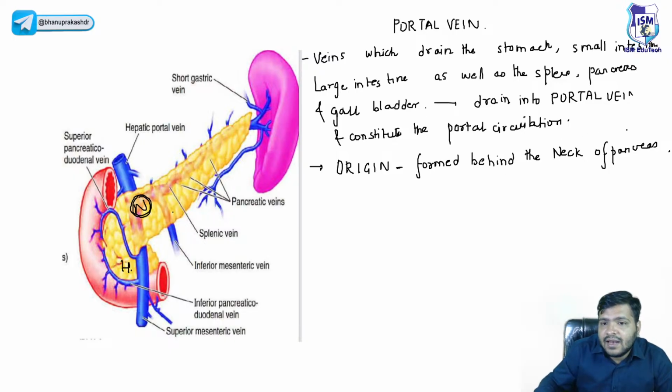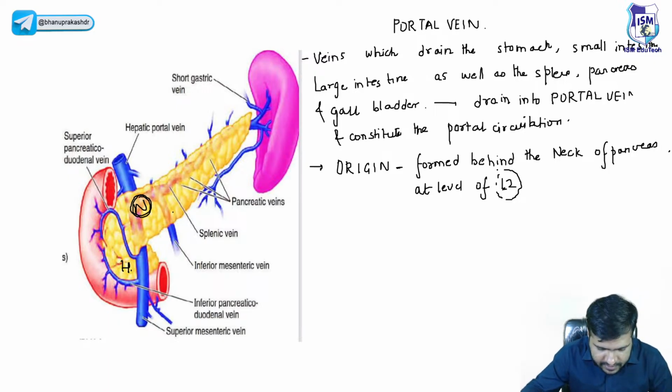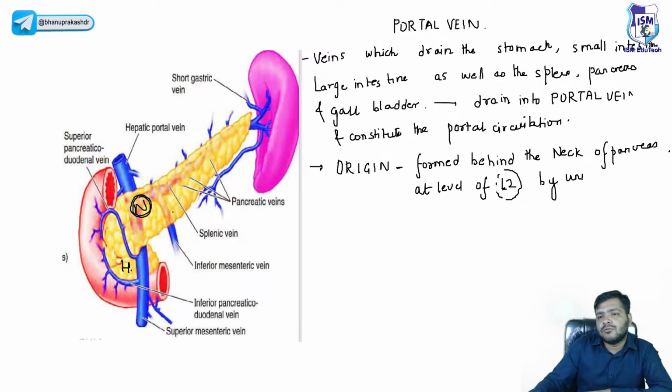At the level of L2, the lumbar 2 vertebra, right? By union of two veins.